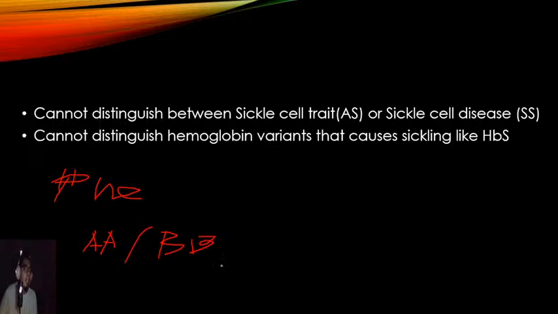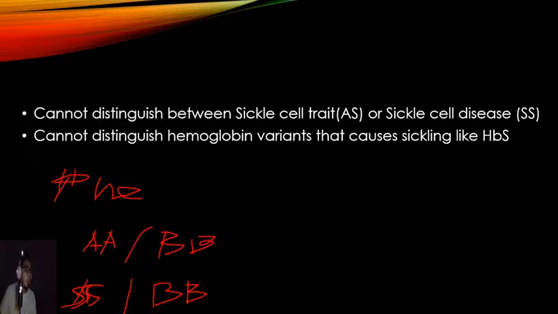These are alpha chains, these are beta chains. Most commonly, patients who have sickle cell trait will have one normal chain and one sickle or mutated chain. So that's a sickle cell trait. Sickle cell disease patients would have hemoglobin S on both alleles.